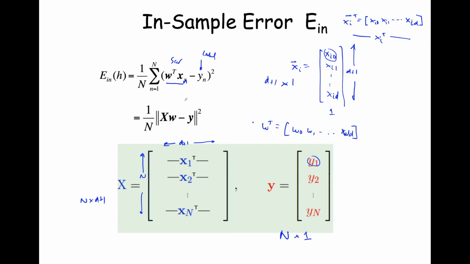In vector matrix notation, we see that we have each one of these augmented X vectors as a row. And so if we want to produce the W transpose X, that's the same as multiplying your W vector term for term with each one of the augmented X vectors.